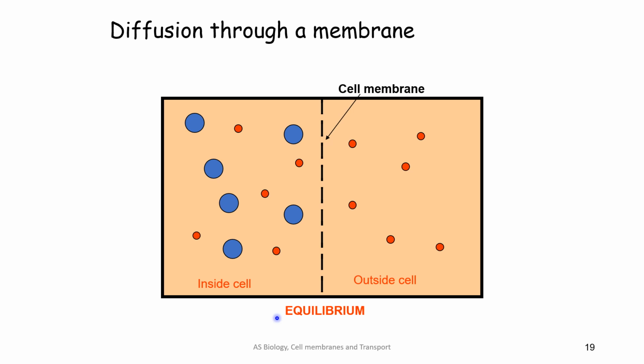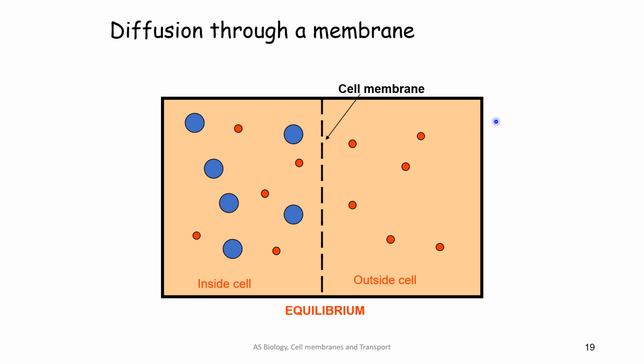This is important in many parts of the body. One really good example is in the lungs. So the blood, when it goes to your lungs, swaps carbon dioxide for oxygen, and that gas exchange is done through diffusion.